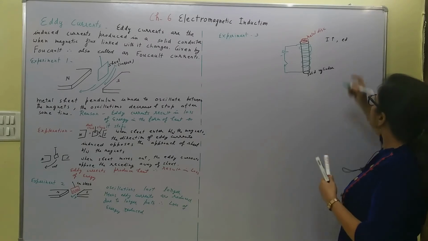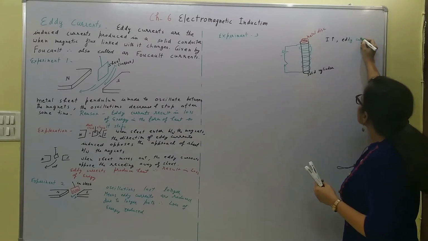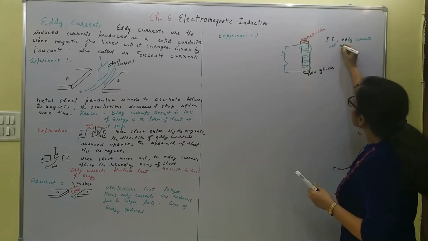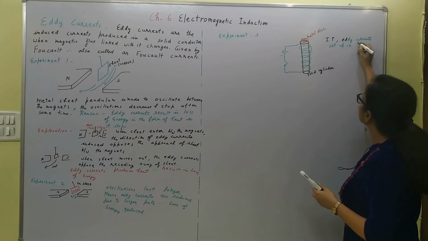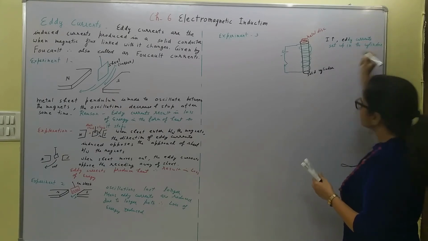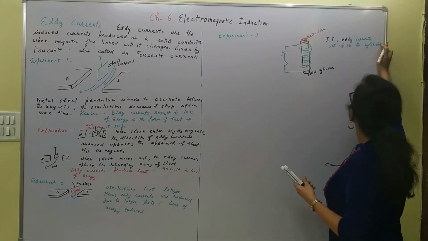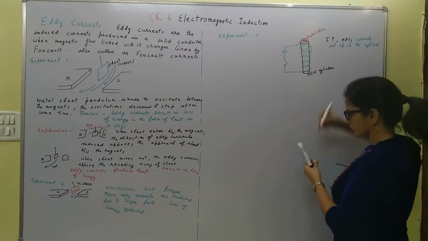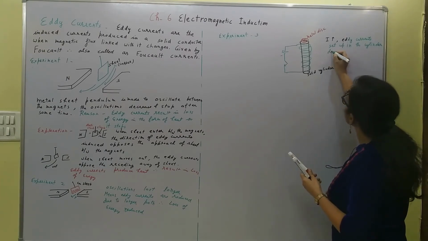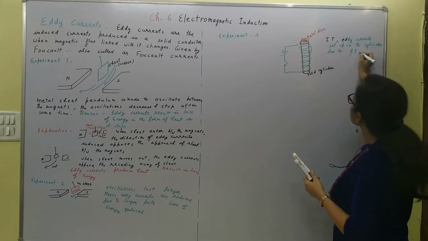So what happens is, current increases, eddy currents are set up in the cylinder, right, due to the increasing flux.